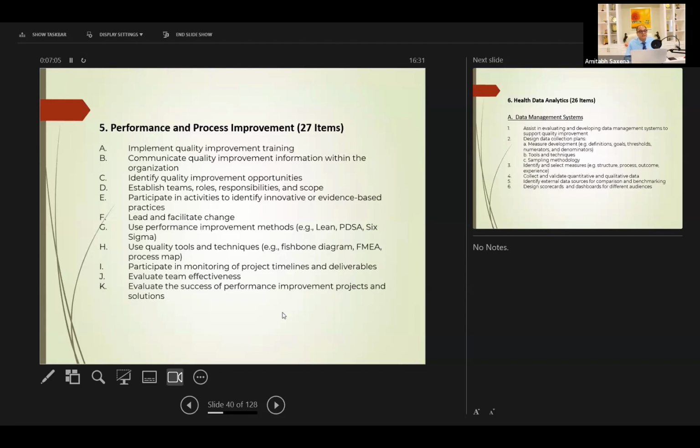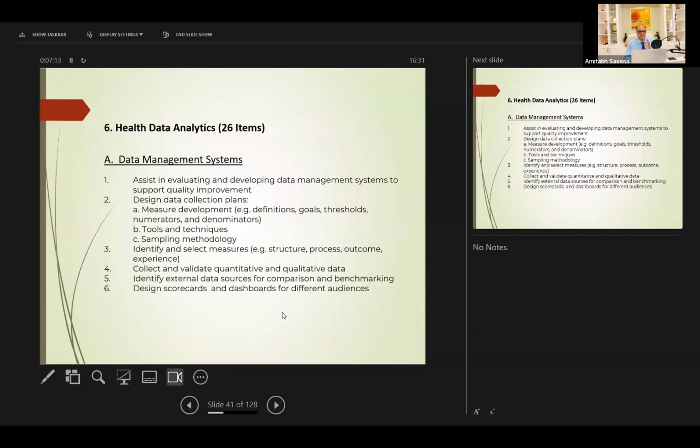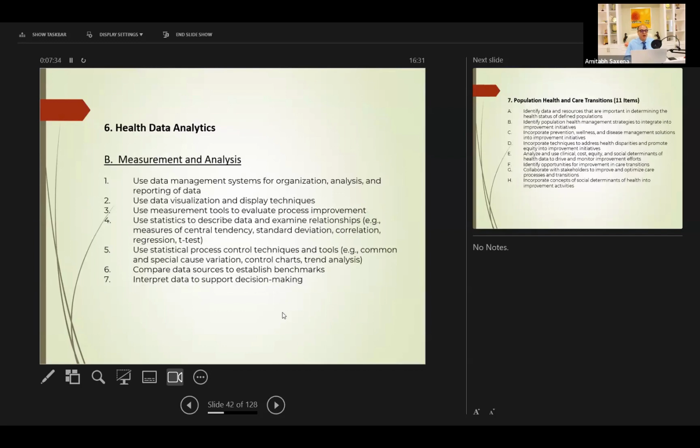Okay, now these are the tools and techniques, and I will take you through the whole process of doing a project, and some of the tools and techniques in the whole journey I will be teaching you. Then we have got healthcare data analytics. We'll understand about measures, the types of measures, and also we'll learn about different ways of handling the different types of data, and why measurement is important, because you can't improve if you cannot measure.